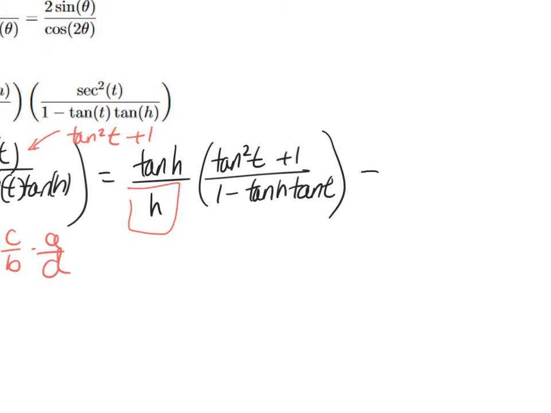If I have a plus b, or even with multiplication, let's do a b plus 1 over 1 minus a b squared, right? That order of operations says I have to do what's in the numerator in parentheses first.